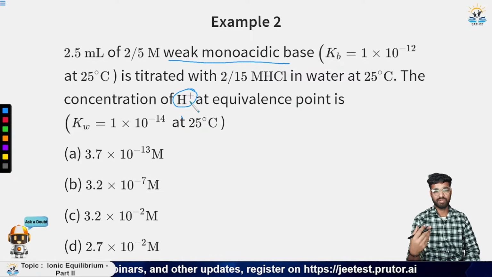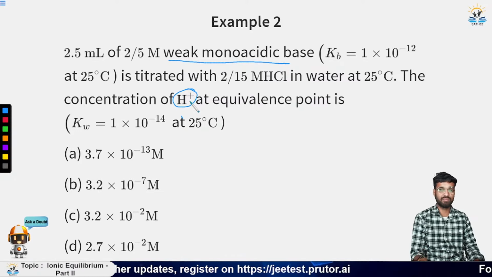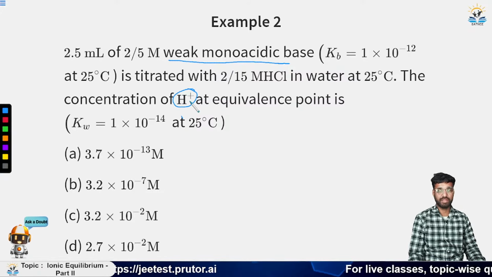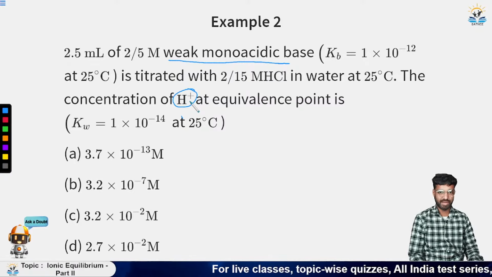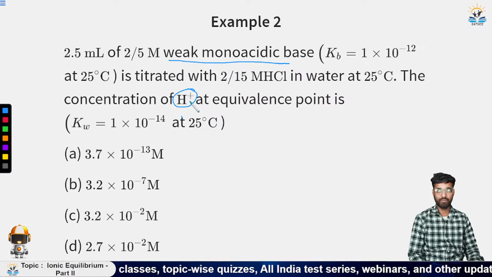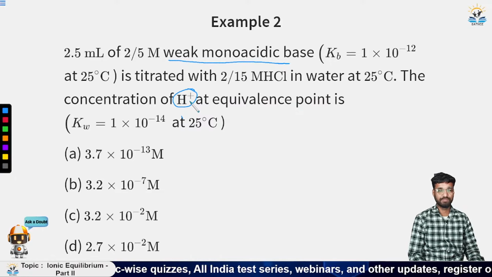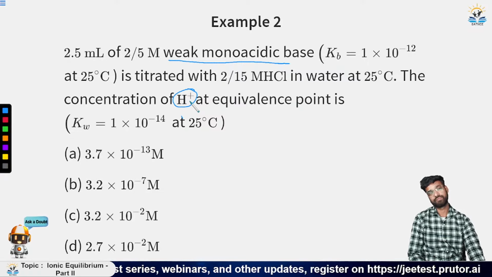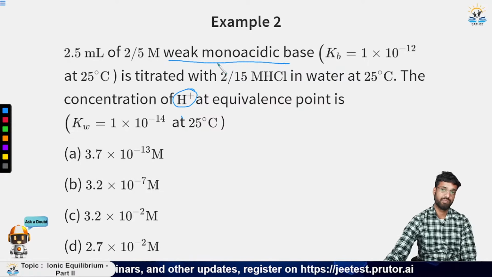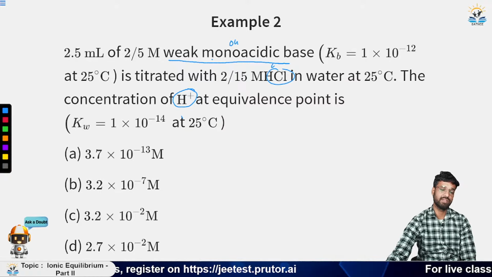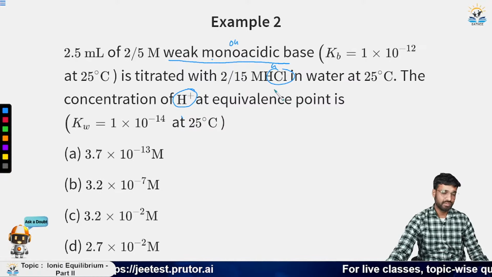Means the equivalents of both acid and base are the same. That means N1V1 equals N2V2. Now since here the n-factor is the same for both of these, as we are taking a weak monoacidic base and a monobasic acid, therefore we will take the n-factor as 1. Because this is monoacidic, having one OH, and HCl is having one H plus, so the n-factor is the same for both of them.